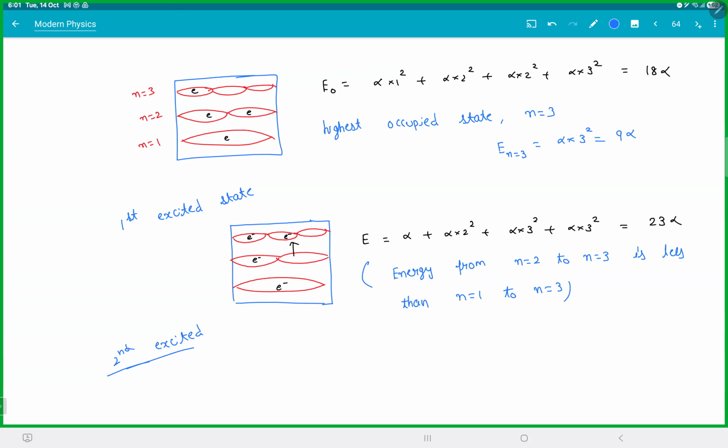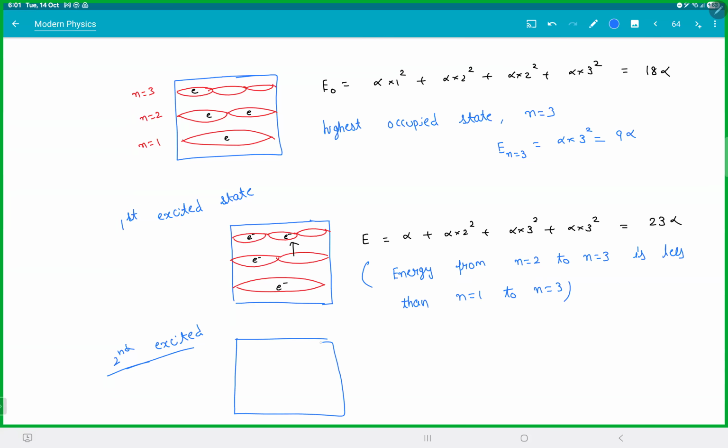Now you tell me, again you have an option. The electron in the second orbit can go to the third orbit, or the electron in the first orbit can come to the second orbit or third orbit, isn't it? Which will take least energy? 1 to 2 transition or 2 to 3 transition? 1 to 2 transition, isn't it?